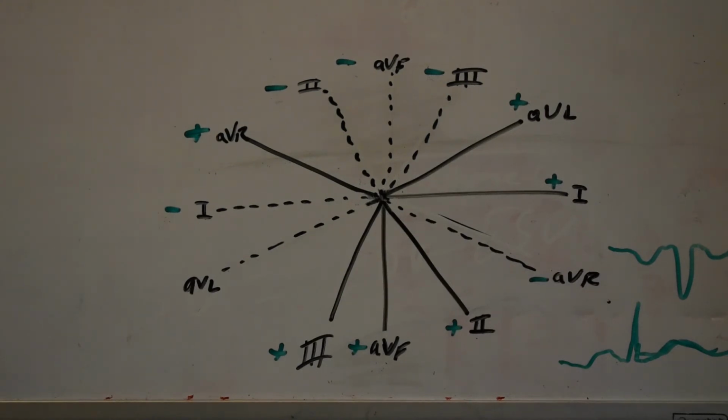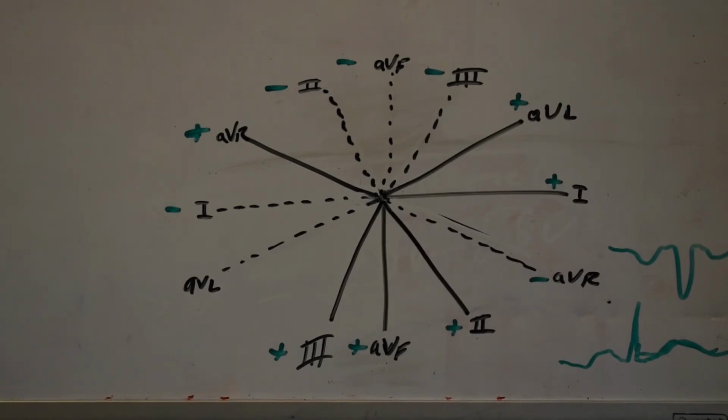I didn't want to get into that in this video, but basically the normal axis, so the normal bulk of the electrical current of the heart, should be anywhere in this area. Anywhere from this positive end of lead 1 to the positive end of lead 3. And there are some measurements in there, which I'm going to do in a different video.